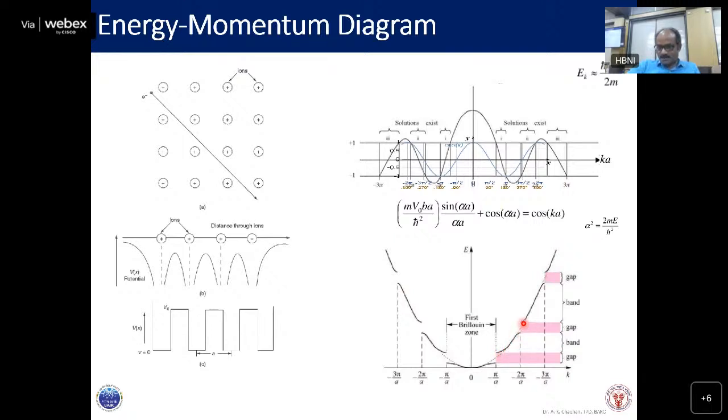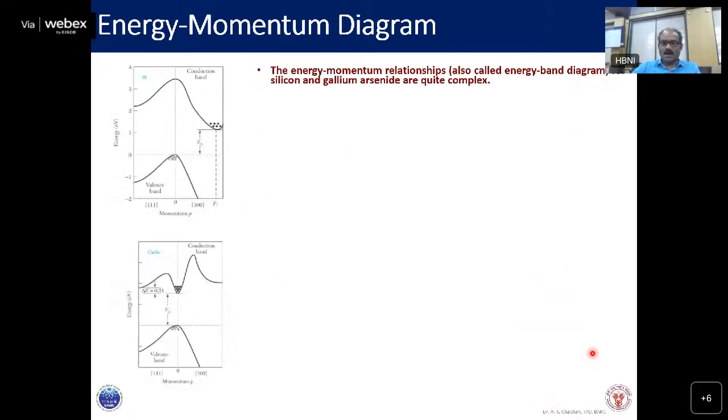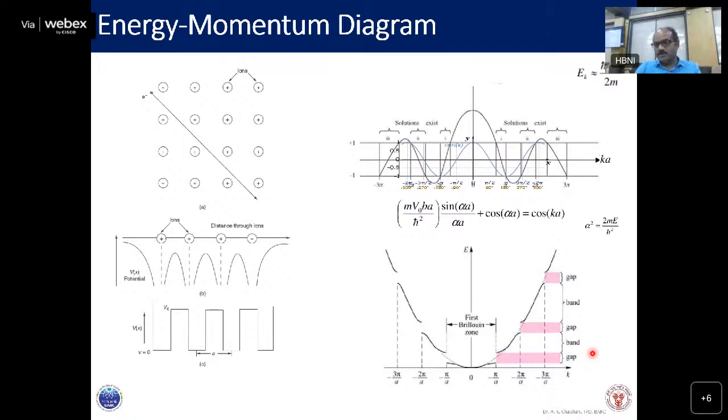Then there is a gap, then another band, and a band exists from this point to this point. Then there is another gap. So you will have gaps, and these gaps are due to the periodicity of the lattice, and the gaps are basically for the energy of the electron.